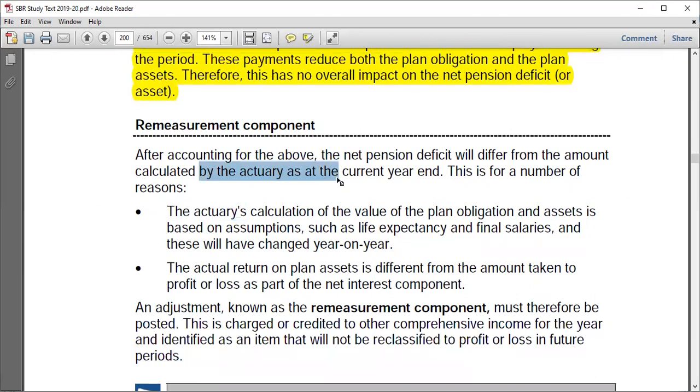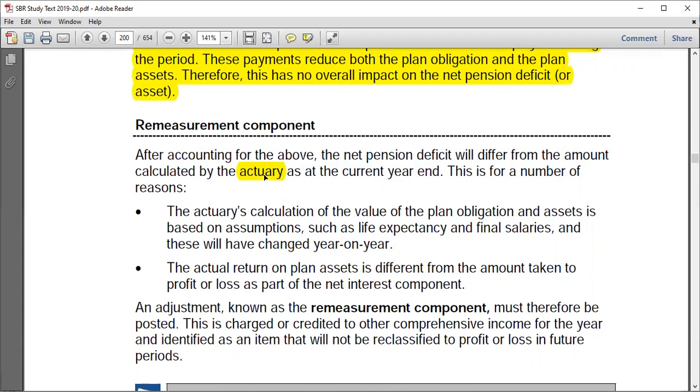After accounting for the above, the net pension deficit will differ from the amount calculated by the actuary at the current year end, because we said we need the actuary at the end of the year. So that carrying amount you obtain is not final. The actuary determines the fair value of plan assets for you. The actuary also determines the present value of the liability for you, takes the difference and gives you the true figure.